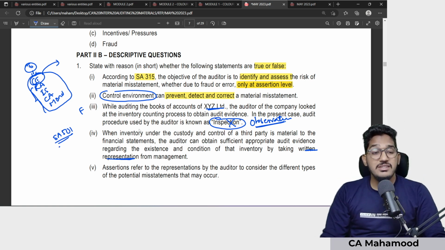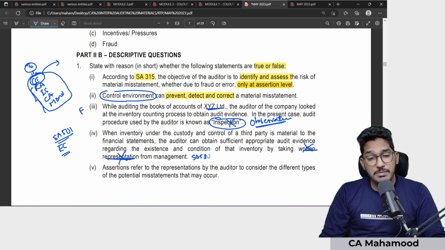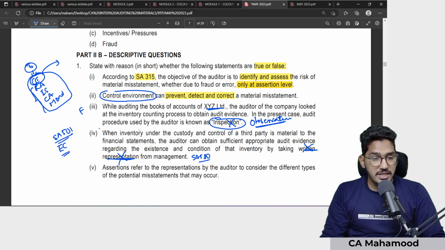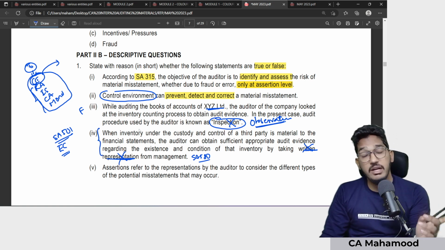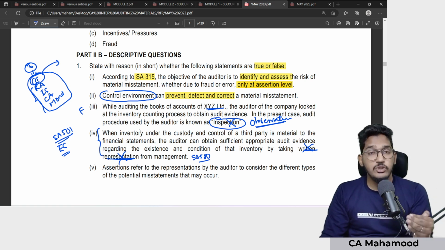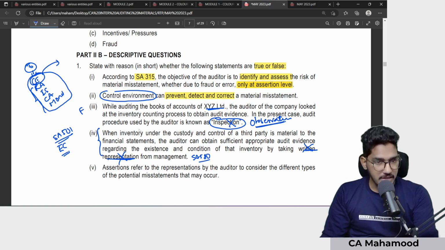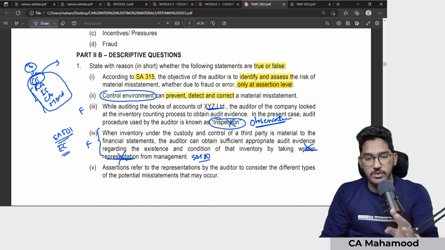By getting external confirmation from that third party, not just by getting written representation. Why? Because as we know, SA 580 says written representation alone cannot be considered as audit evidence. And especially SA 501 says when inventory is in the custody of a third party, the auditor should obtain sufficient and appropriate audit evidence by getting external confirmation, not by written representation. So this statement is also false.